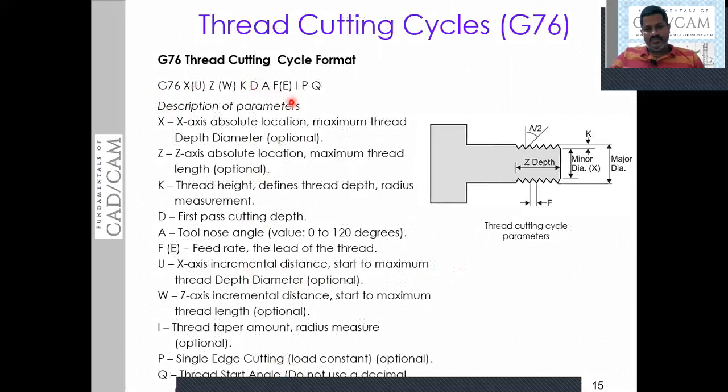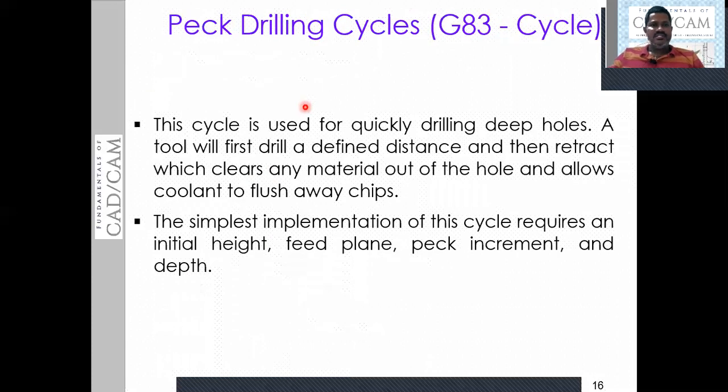This repeats. So let me move further to discuss the Peck drilling cycle. It is also a drilling cycle, a deep drilling cycle, not a simple drilling cycle. In other words, we can call it deep hole drilling. So the G code used is G83. During the Peck drilling cycle, if it is a normal drilling cycle for a small length, it is not necessary to pull the bit back and flush away the chips.